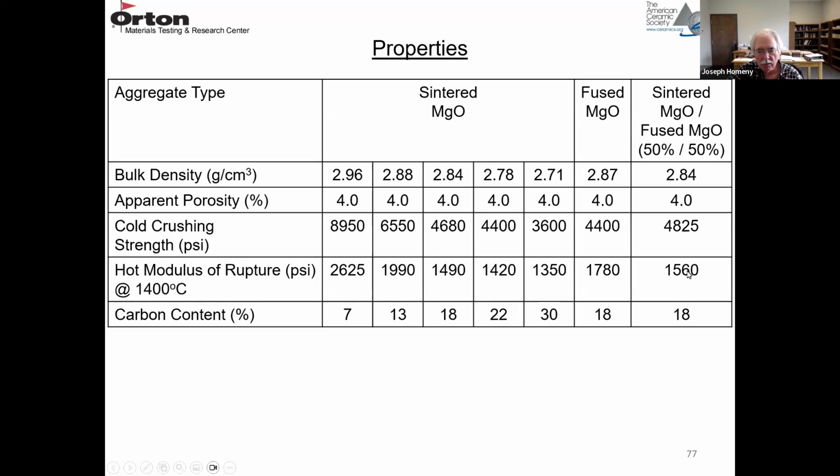And the hot MOR is also rather good. This is at 1400 degrees C, maybe 1300 to almost 2600 PSI. These are obviously done in a reducing atmosphere. So these are some typical properties and carbon contents for these types of materials.